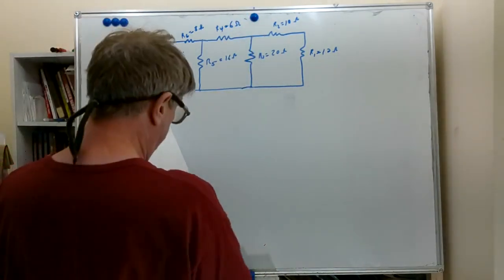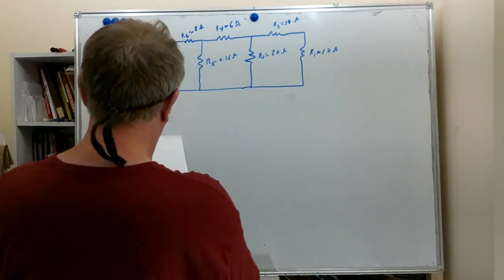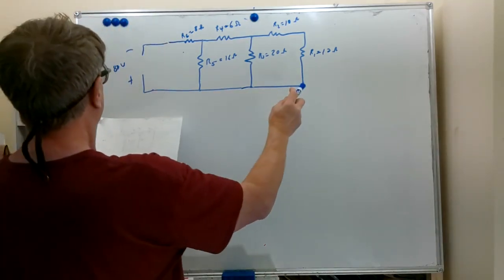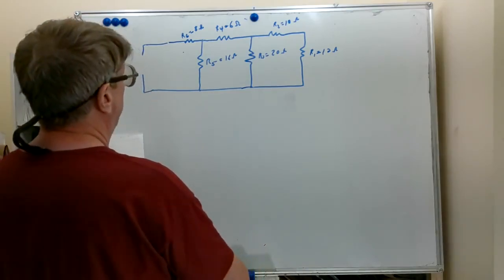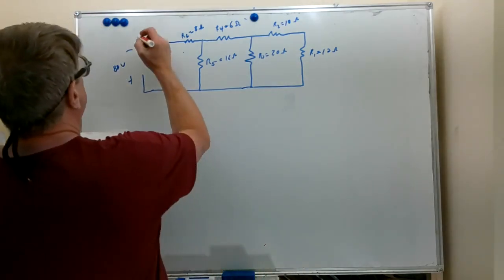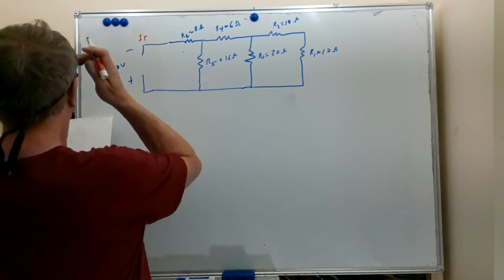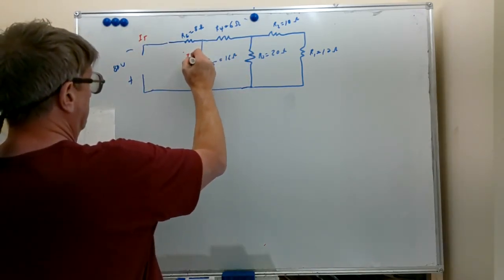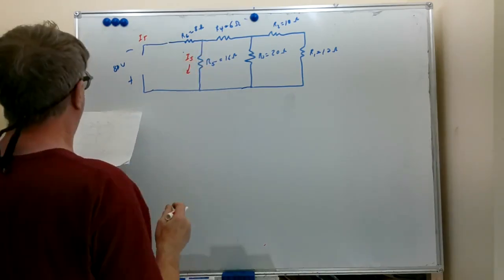We're going to want to find a bunch of things here. I think I've got everything we provided. That's all we provided, resistance values. We want to find IT. We want to find I5, the current through resistor 5.